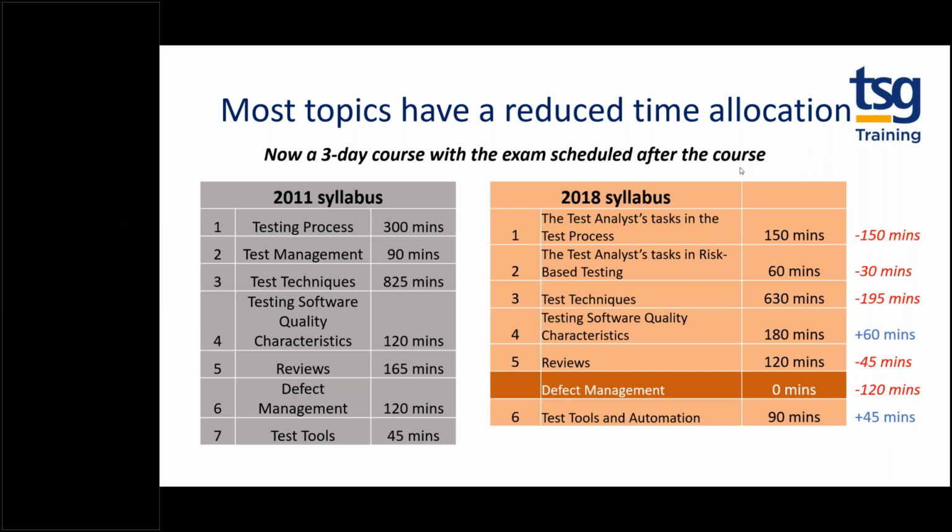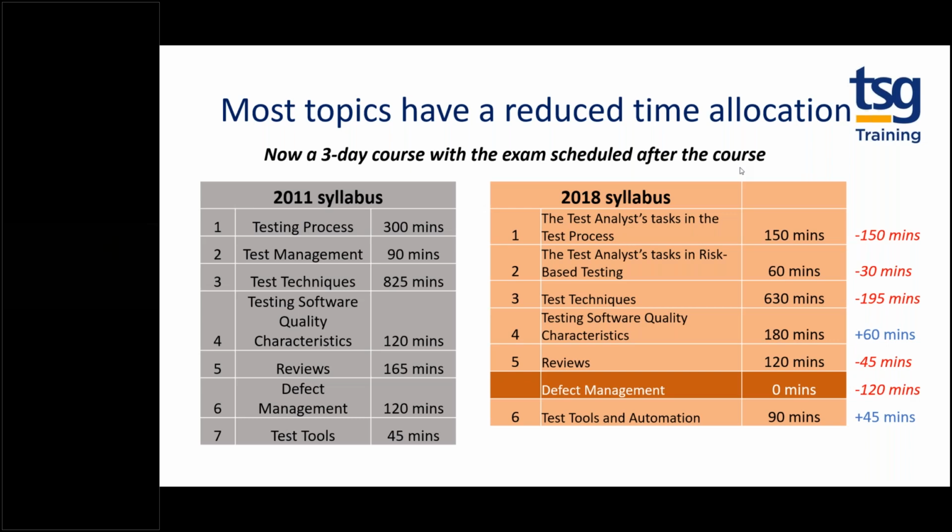So that's been reduced, and all areas other than tools and automation have been given a bit more time. So that's been doubled from 45 minutes. And for the testing of software quality characteristics, more detail has gone into that than in the past. So we've got some new ideas and some new content there.